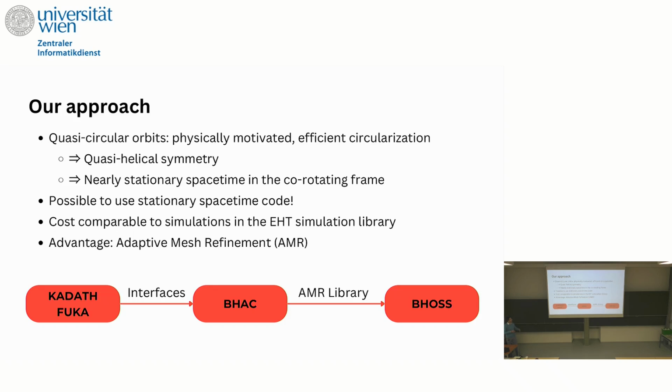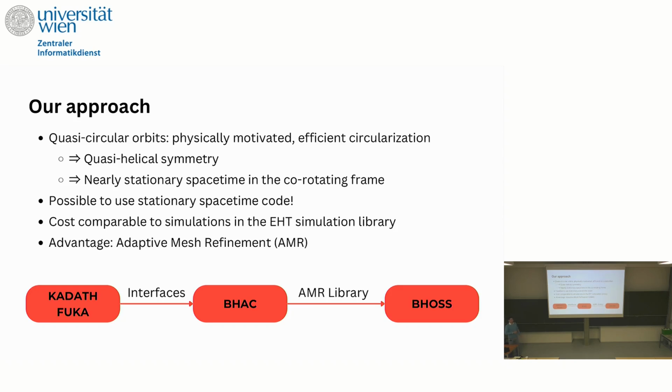So we focus on the case where the binary has already circularized, but is still losing angular momentum via gravitational radiation very slowly, and then you can consider the system as nearly circular for all the time. So you still don't consider the inspiral.